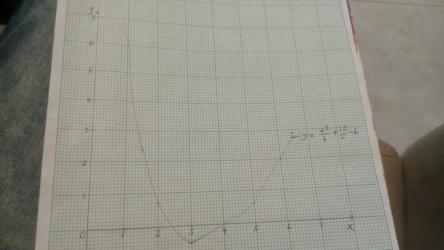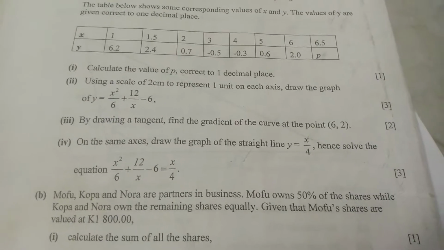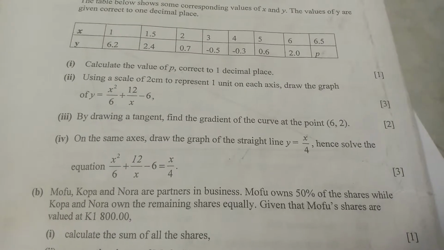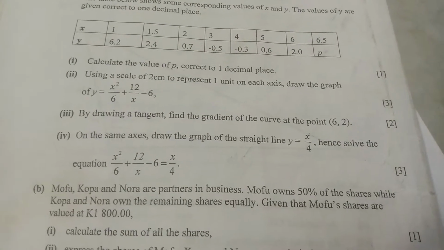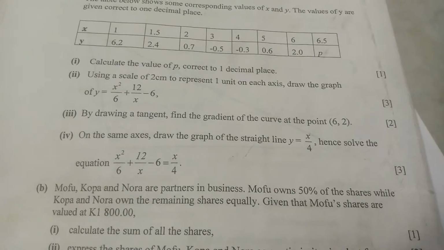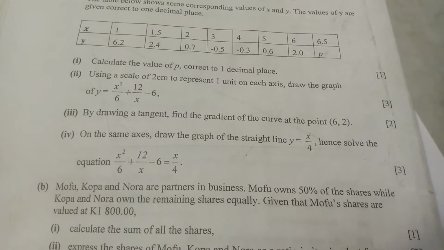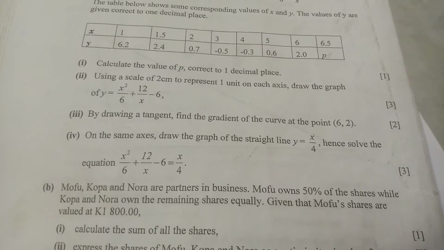So let's go to the next question. By drawing a tangent, find the gradient of the curve at the point (6, 2). Let's find the gradient of the tangent at (6, 2) on our graph.